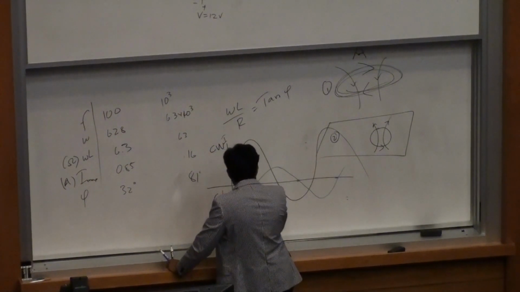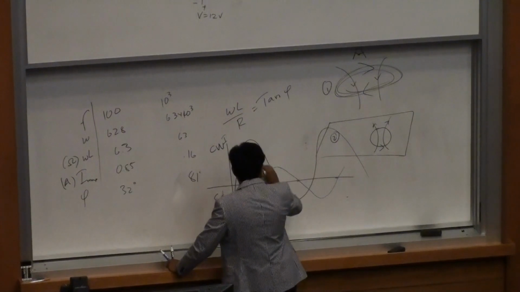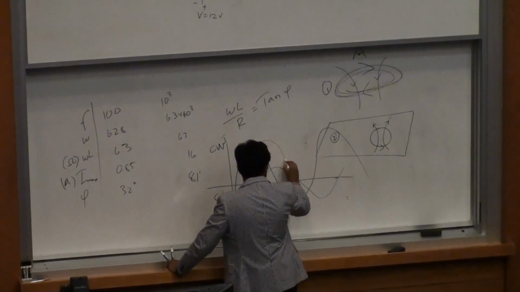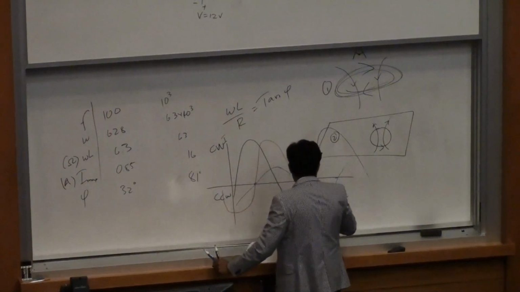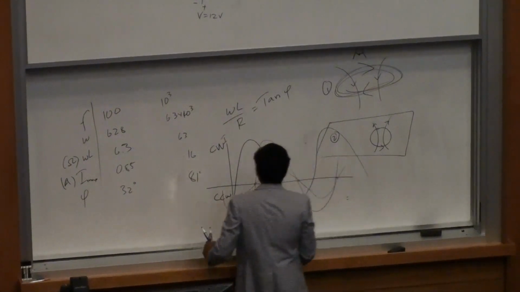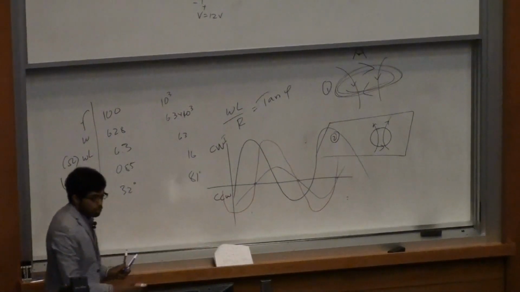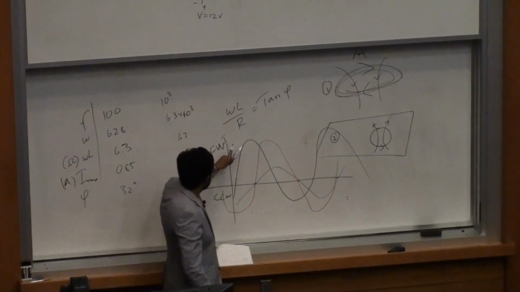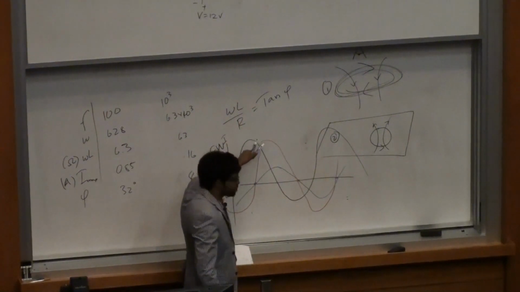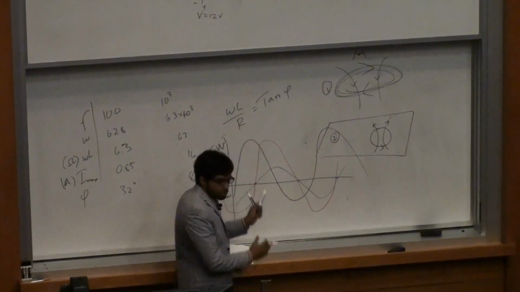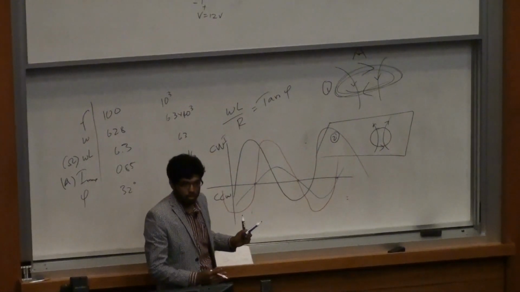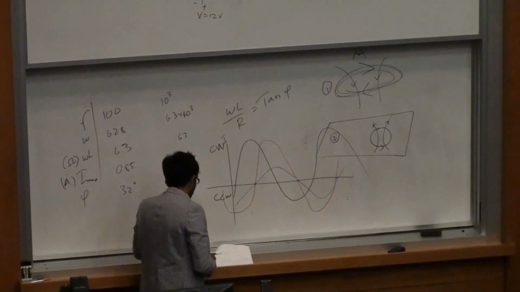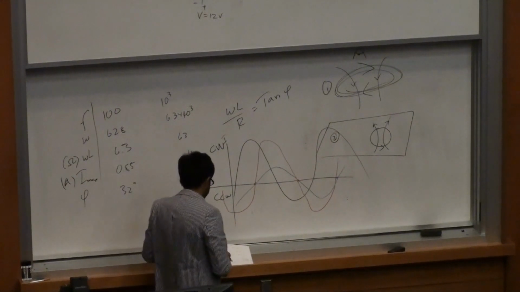So I'd have something like that for the induced current. So the induced current and this current aren't exactly lined up. So when this is clockwise and this is decreasing, this is still clockwise, but now there's a shift there, so it doesn't decrease right away. So essentially, more or less, that's what caused it.